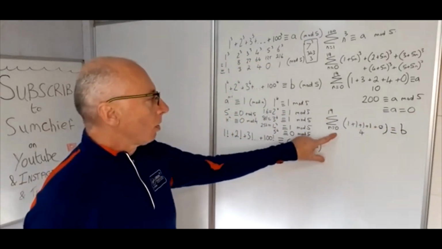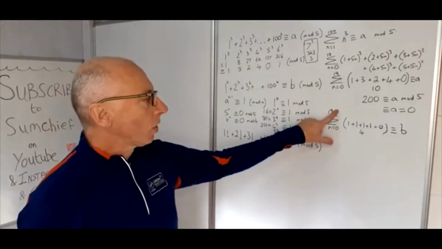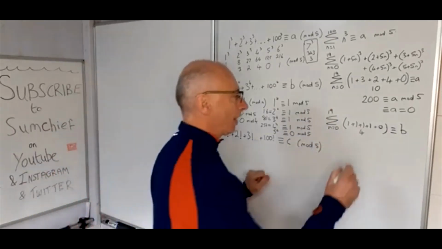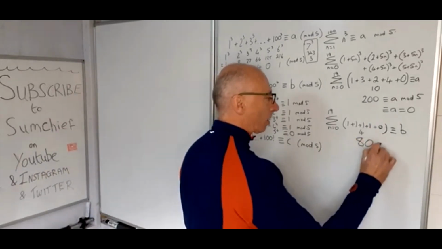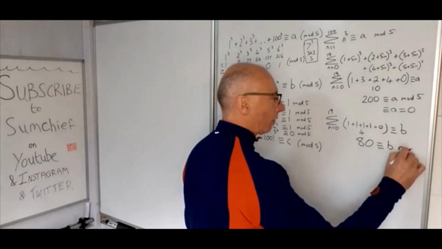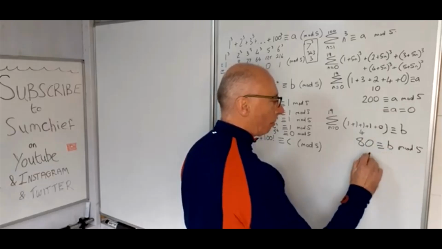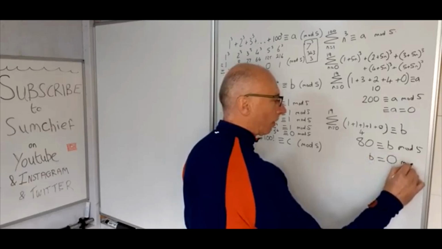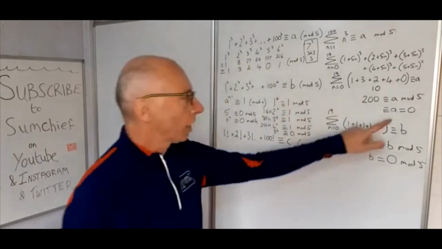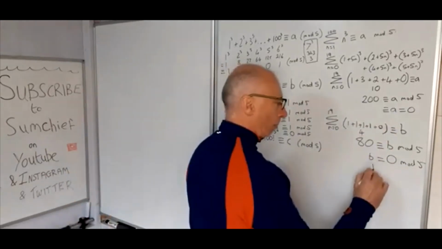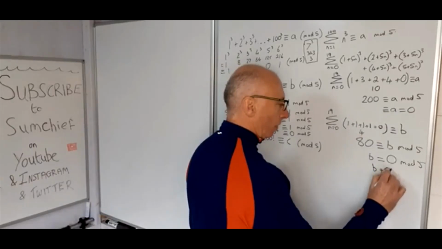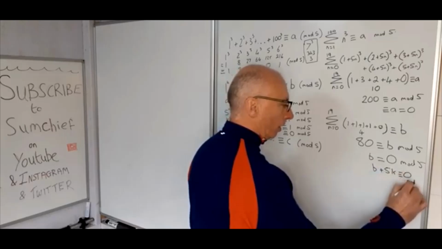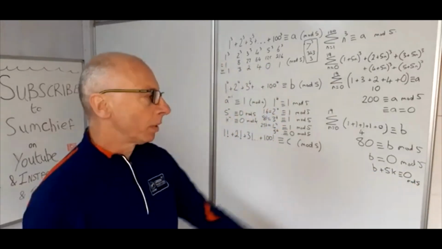So summing all these up from 0 to 19, we've got 20 of those. 20 times 4 is 80. So 80 is congruent with b mod 5. So in this case, our b is also 0 mod 5. And just to give us all our solutions as we did here, b plus 5k is congruent with 0 mod 5. So b could be any of those numbers.